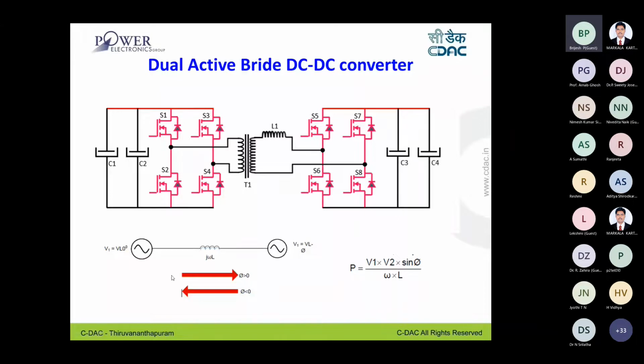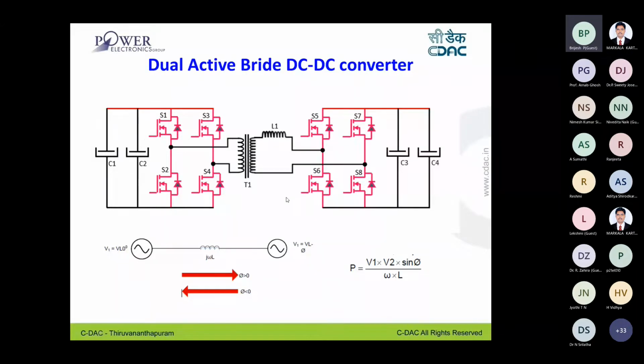So you can have a phase shift between primary and secondary for power transfer. For bidirectional transfer, you can appropriately adjust the phase shift between primary and secondary. So this is the basic fundamental principle of a dual active bridge converter.